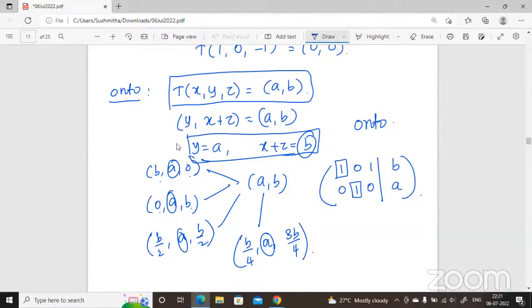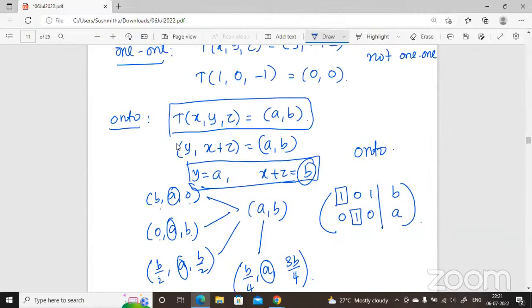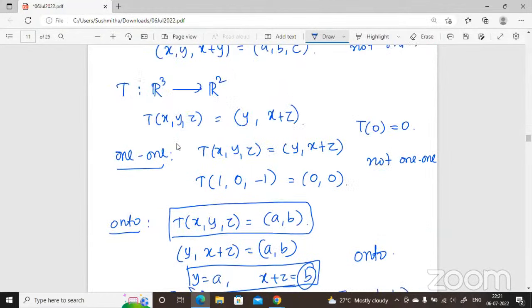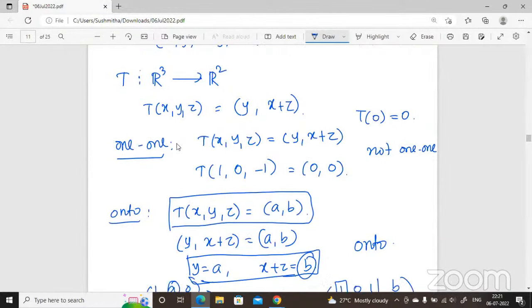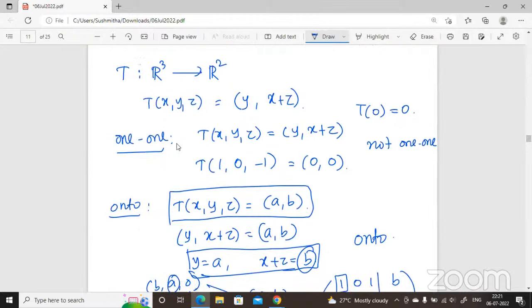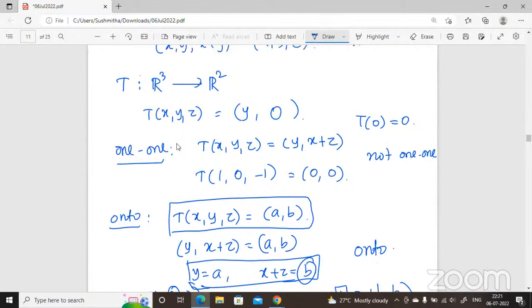Ma'am, whenever we have a linear transformation from R3 to R2, is it not one-to-one but onto? It may be onto, it may not be onto. What if I put 0 here? It's not onto, right? But it can never be one-to-one, because the domain is bigger than the codomain, going from high dimension to low dimension.